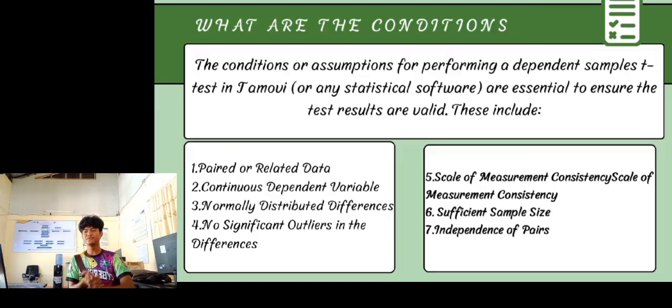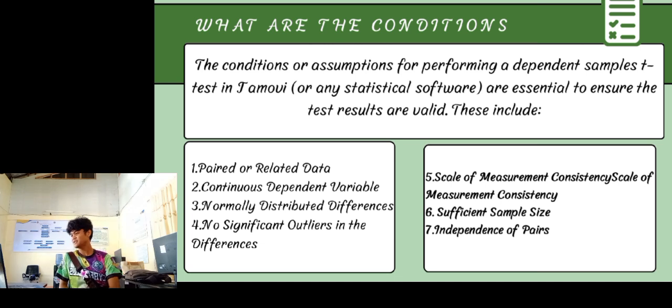So let's move on to this topic. What are the conditions? The conditions are assumptions for performing a dependent t-test in Jamovi or any statistical software, and they are essential to ensure the t-test results are valid. I have here 7 conditions. Number 1 is paired or related data.